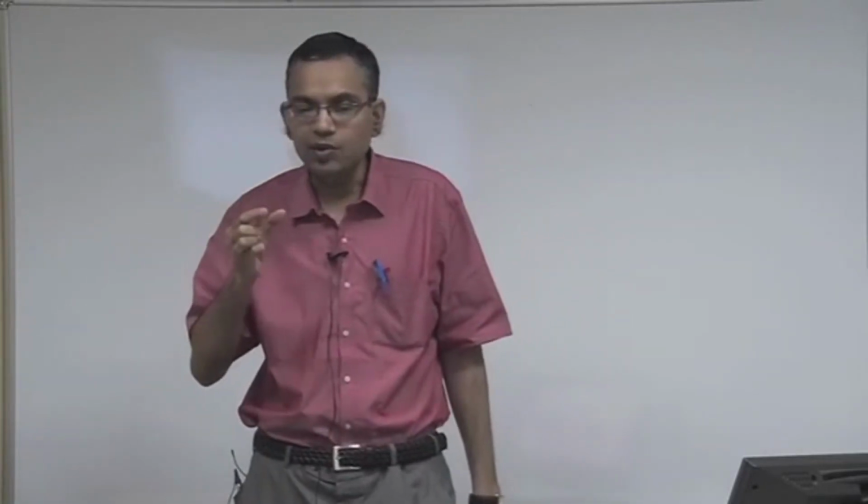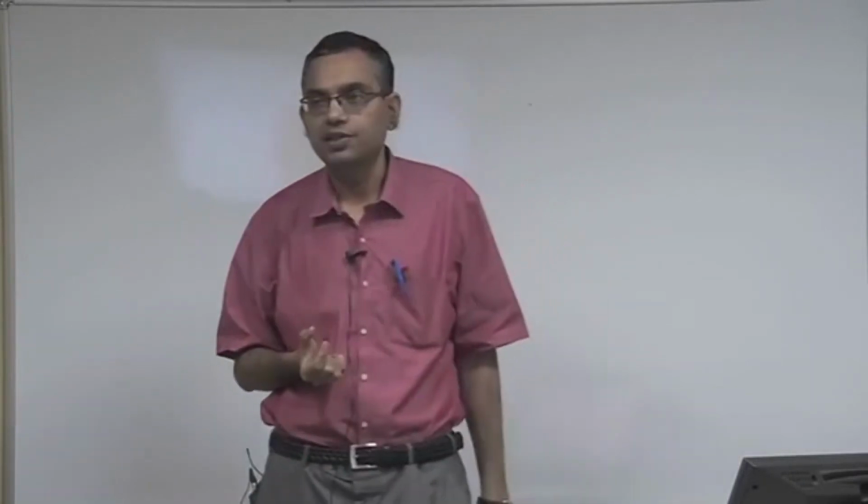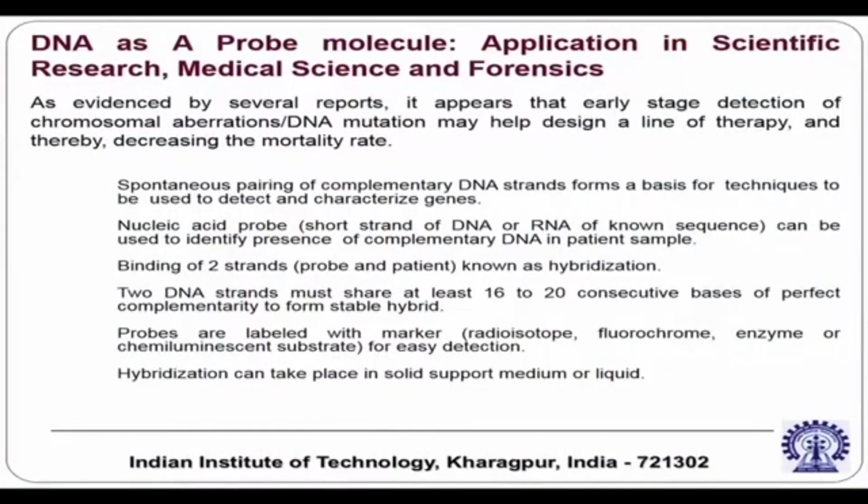So, a particular DNA sequence mates with its corresponding complementary sequence, and if this is a successful mating with a complementary DNA sequence of another single strand, then this process is known as DNA hybridization. So, in this process you can identify diseases.